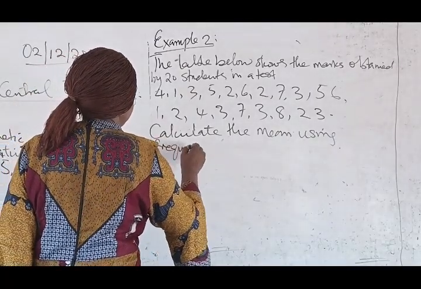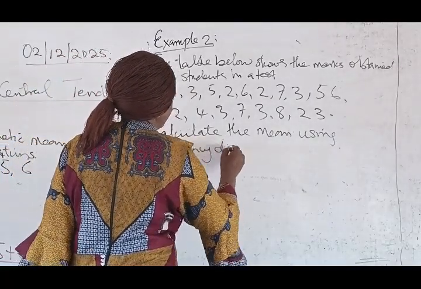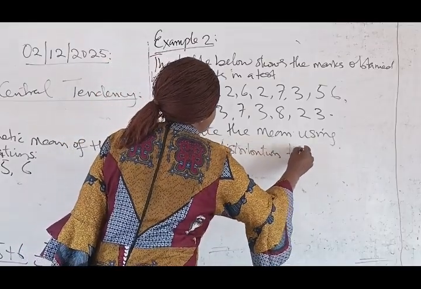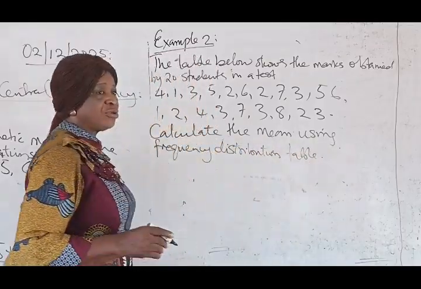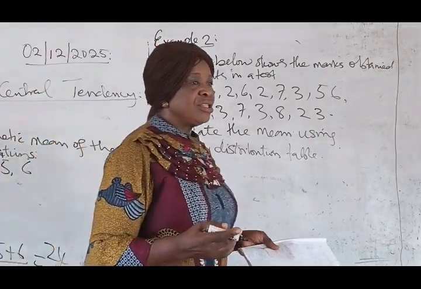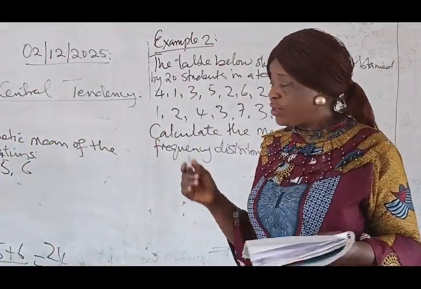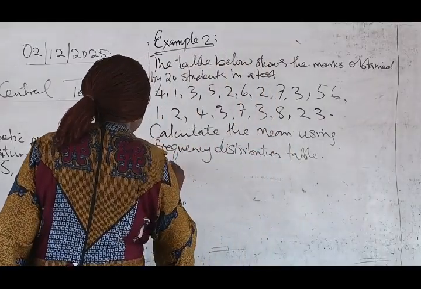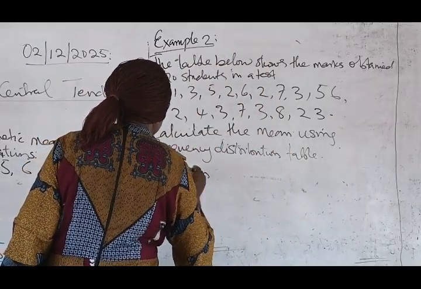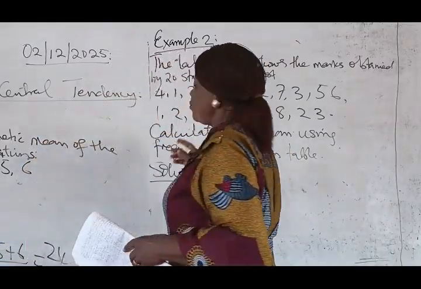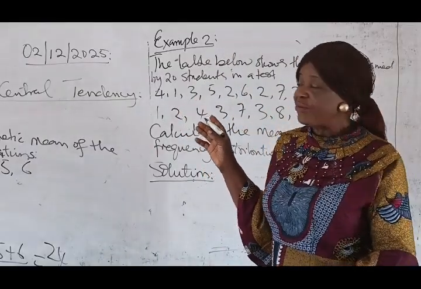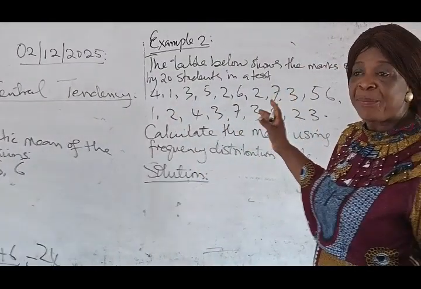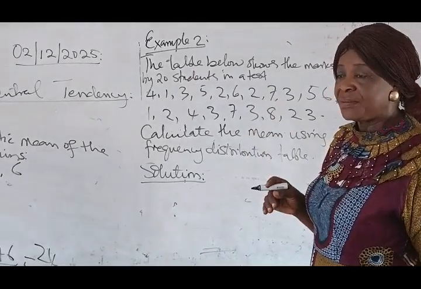Using what? Frequency distribution table. I've already taught you frequency distribution table. We have done it. Then, how do we solve this? If you look at these observations, you will discover that some of these numbers appear more than once.